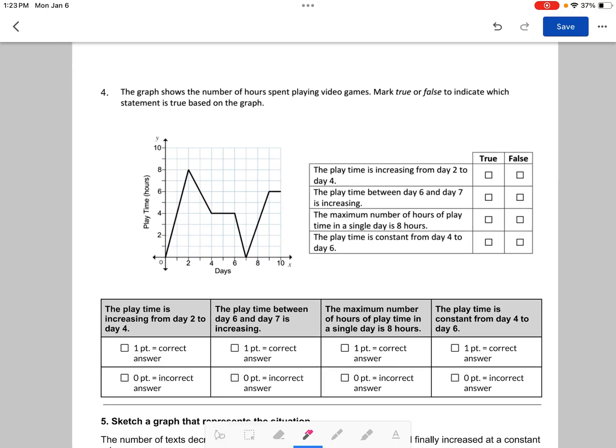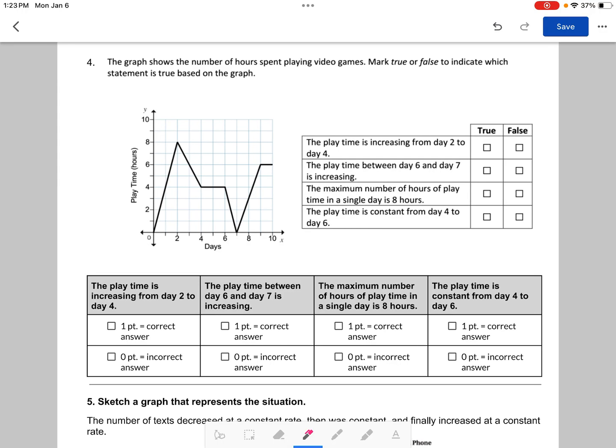Flipping over to number 4, it says the graph shows the number of hours spent playing video games. Mark true or false to indicate which statement is true based on the graph. The first statement says the play time is increasing from day 2 to day 4. So here's day 2, here's day 4.